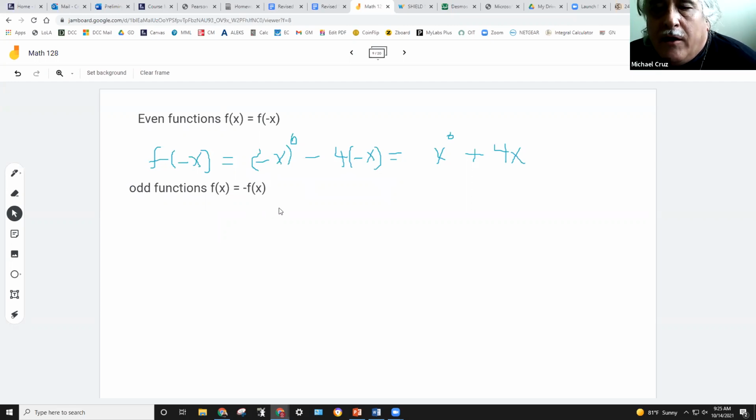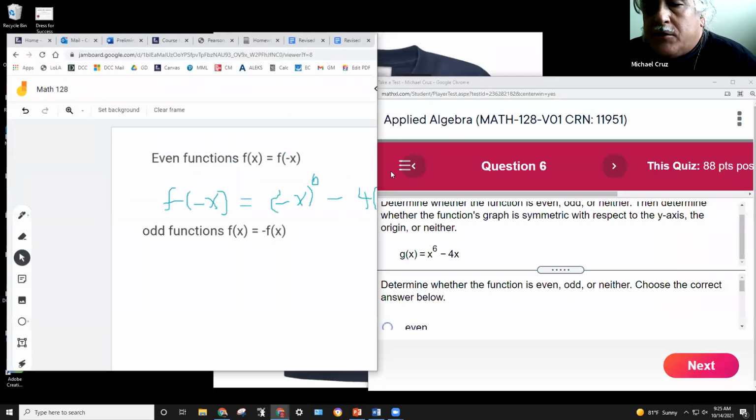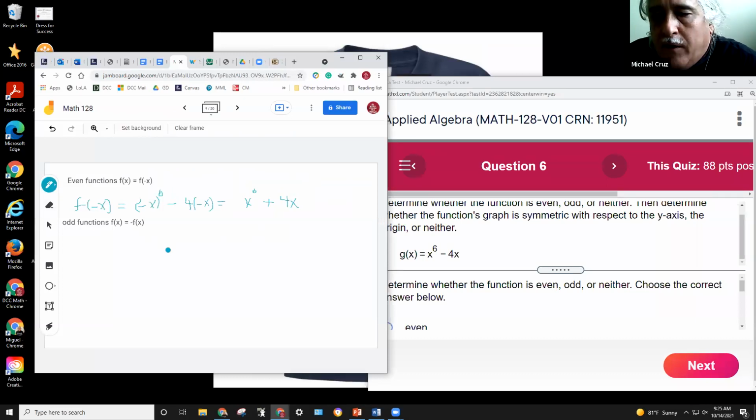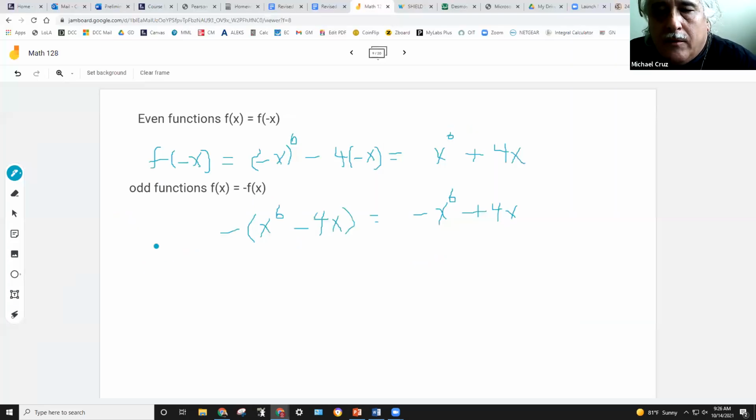So how do we tell what negative f of x is? Well, all we got to do is just throw a negative sign in front of the original one. And what's going to happen, this is going to be another neither. Oh, wait a second. Yeah, it's going to be another neither, because you're going to have negative x to the sixth plus 4x. So you'll notice that in this case as well, the original function is not equivalent. So this is neither odd nor even.